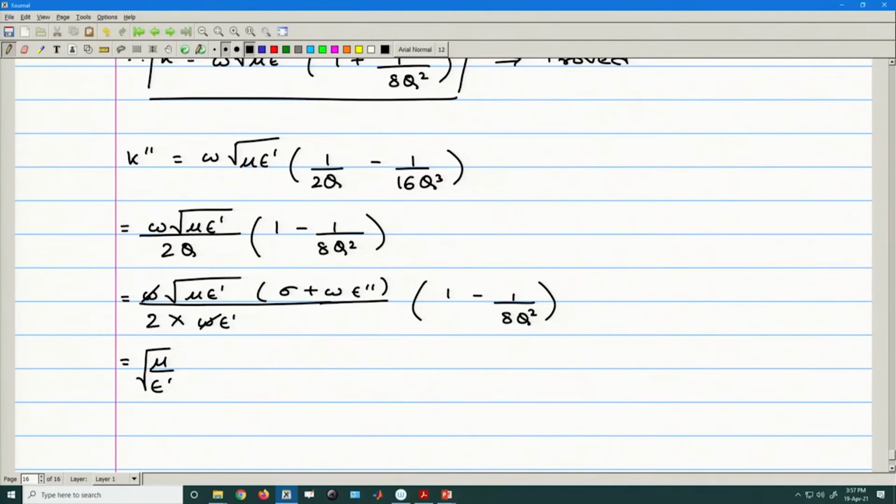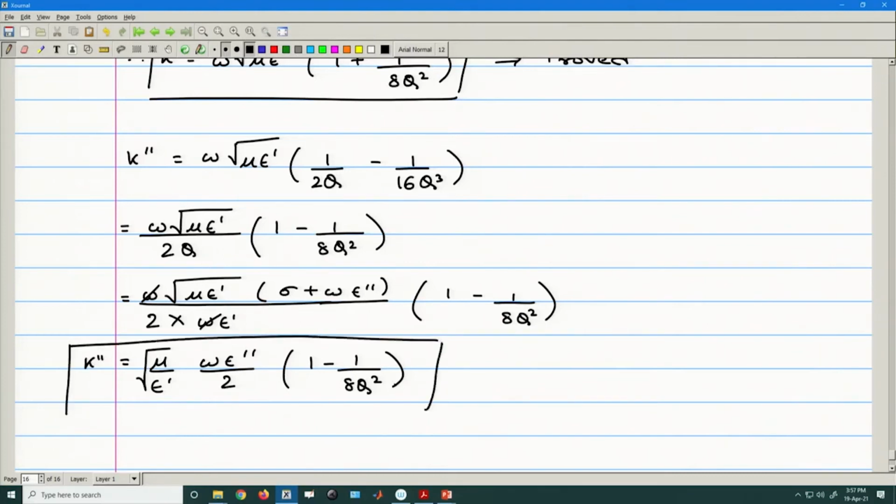Sigma is 0, so omega epsilon double prime upon 2 and then 1 minus 1 by 8q square. So this is our k double prime, and this is also proved.